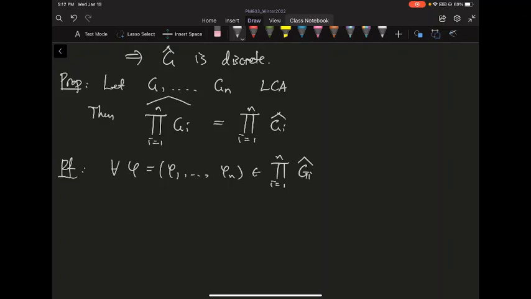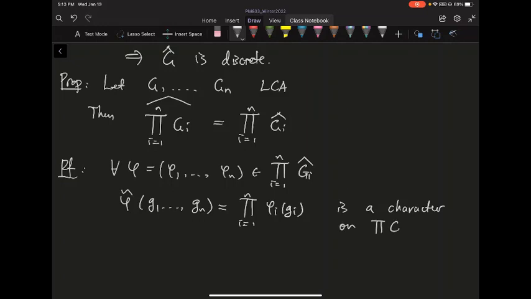Then you can define phi tilde of G1 up to Gn to be essentially the product of phi i of Gi, i going from 1 to n. You can convince yourself this is indeed a character on the product of these Gi. So in other words, you take any element on the right-hand side, you just take their product, and you get a character on the left.